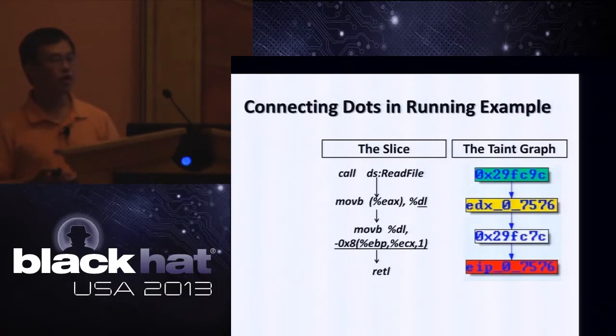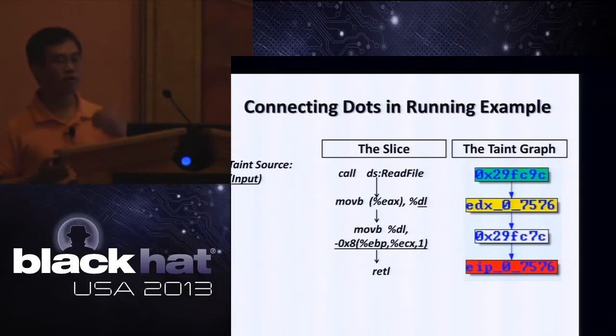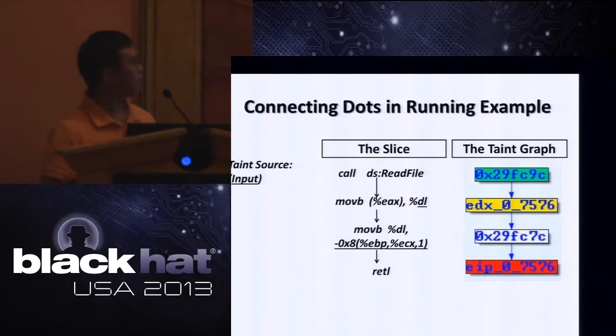So back to our running example. If you see what it's for in this shorter example, we have the taint source. That's the data we read from this instruction, read file. And on the right side, you see the taint graph.